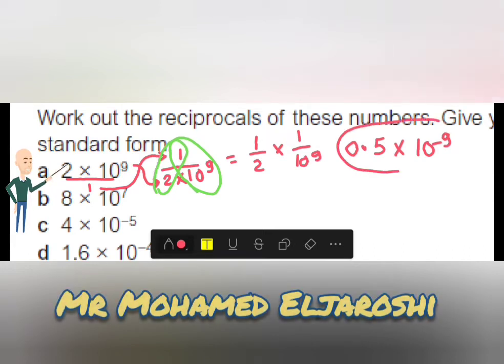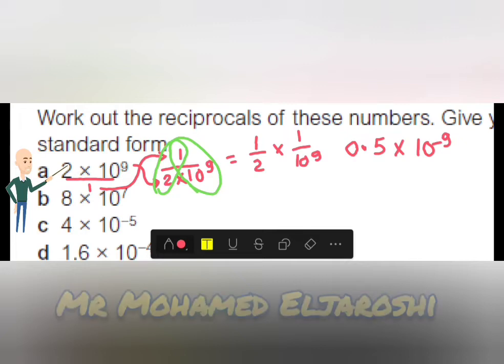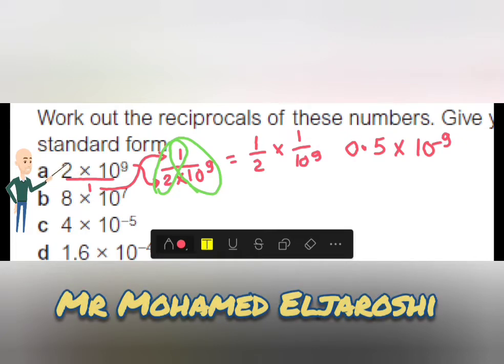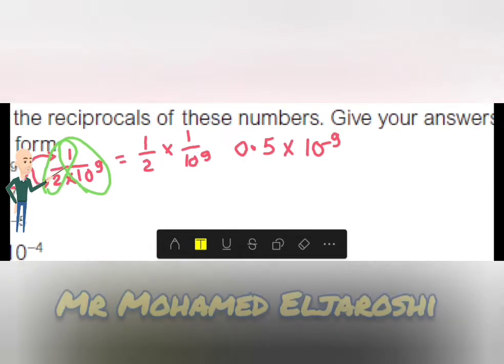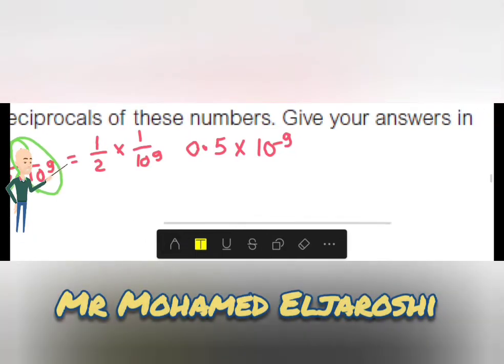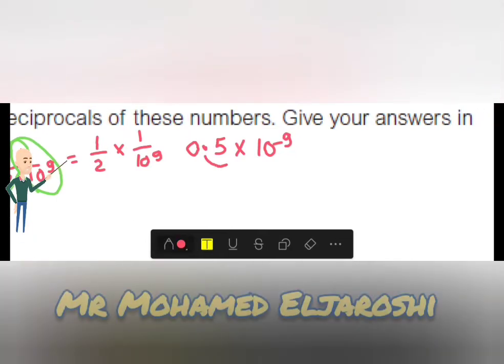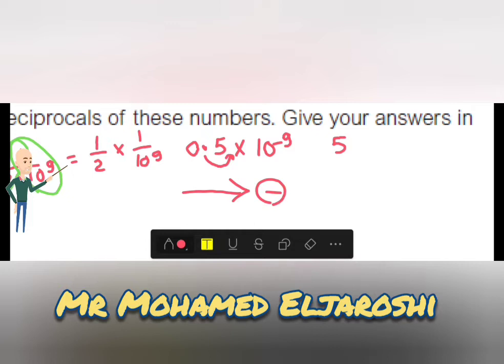Is that standard form? Very good, it's not. We're going to make it standard form by moving the decimal point. To move the decimal point, we're going to move it this way. So it's going to be 5. And then because we moved to the negative side, we're going to put negative 1 next to the power. So it's going to be negative 9, negative 1, like this.